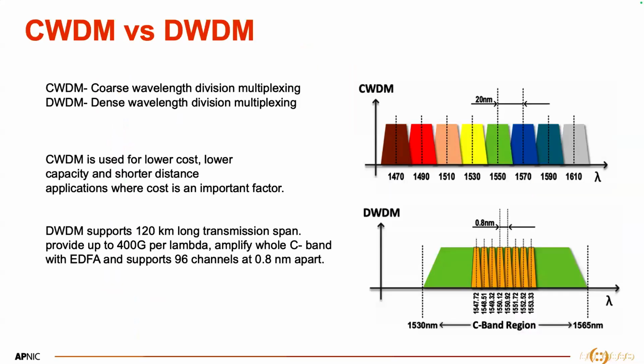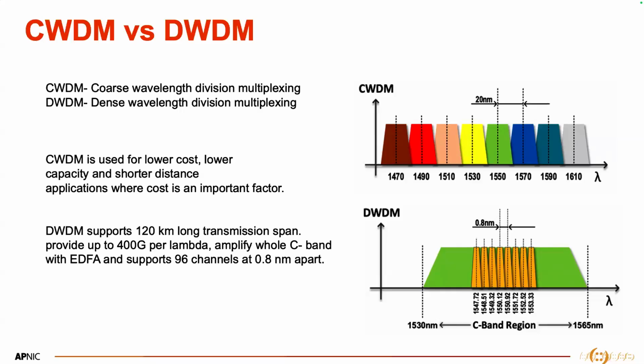First, we will understand what is CWDM and what is DWDM. When we talk about WDM, we are picking the C band, right? And within that band, we are taking wavelengths one after another. The whole range is from 1530 to 1565 nanometer. This is the whole band. So you can have different wavelengths one after another.